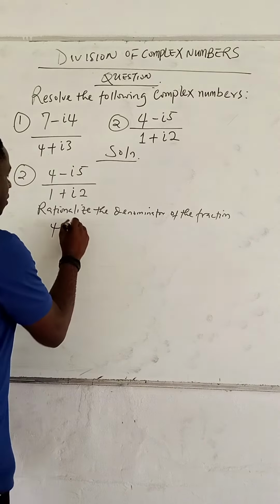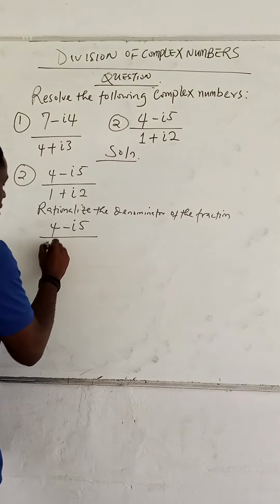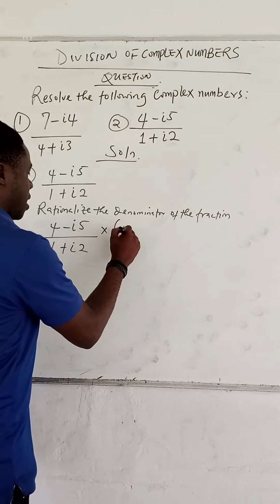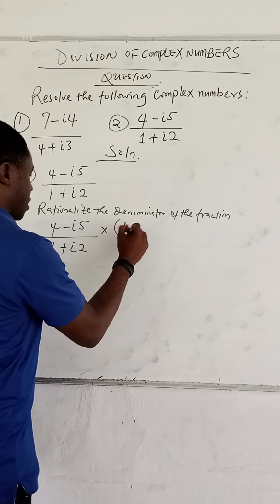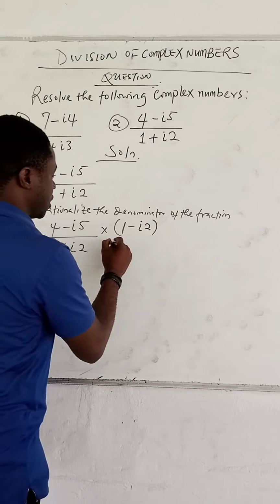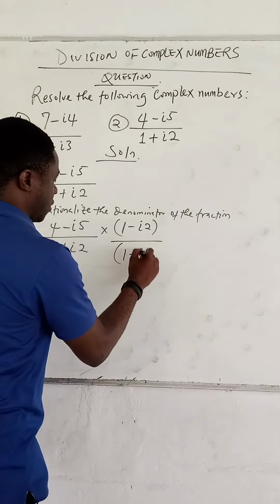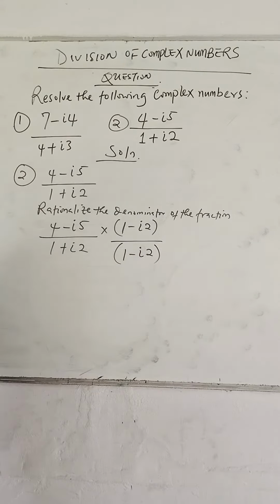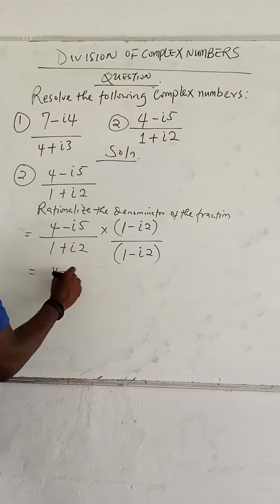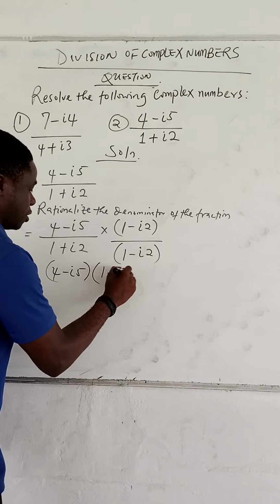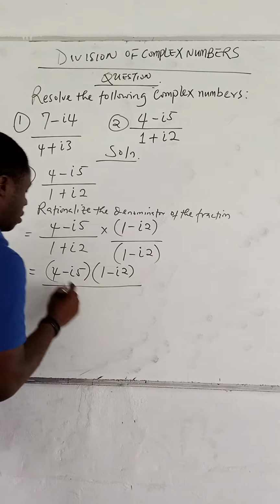How? 4 minus I5 over 1 plus I2 multiplied by 1 minus I2, which is the conjugate of the denominator. Same thing here, 1 minus I2. So we have 4 minus I5 bracket 1 minus I2 all over.